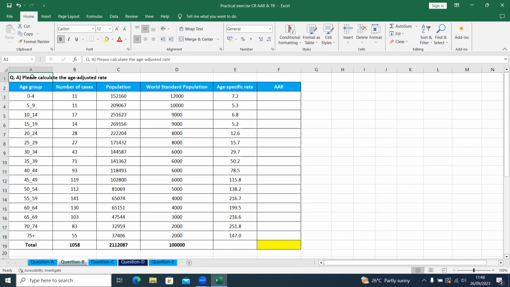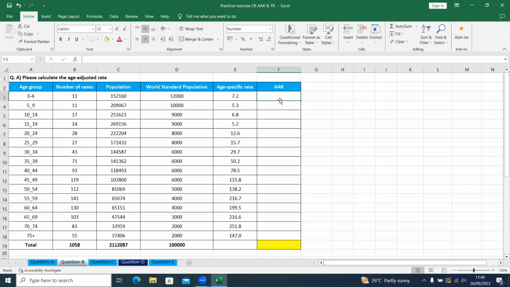To calculate the age standardized rate or age adjusted rate, our first step was to calculate the age specific rate. Here we have calculated the age specific rate for all age groups, from 0 to 4, 5 to 9, till the age group 75 plus.